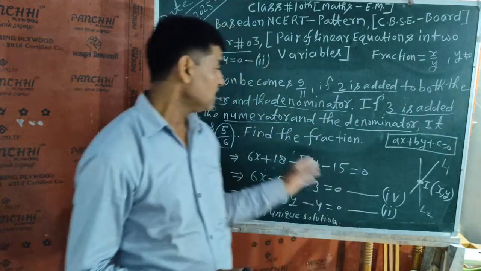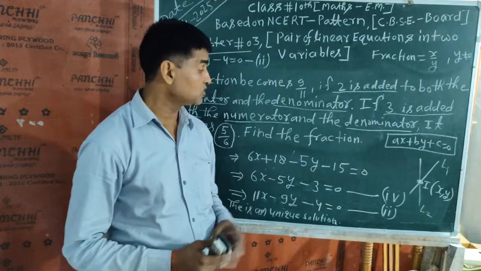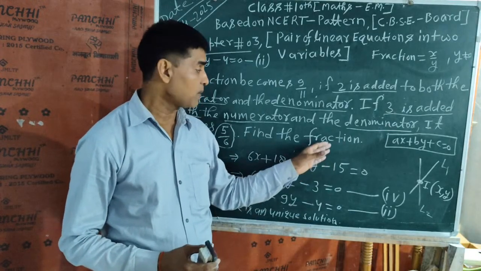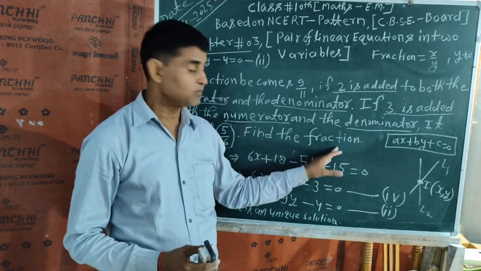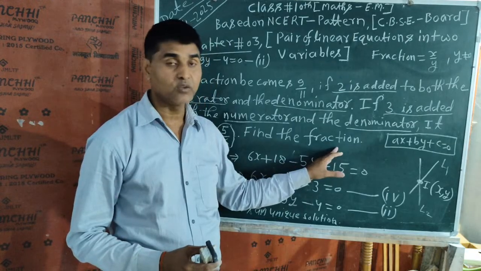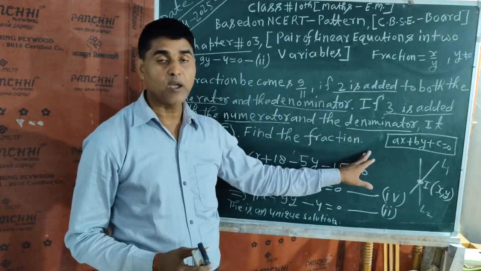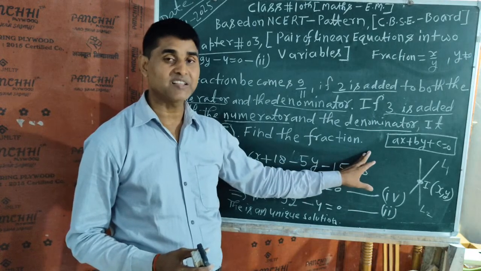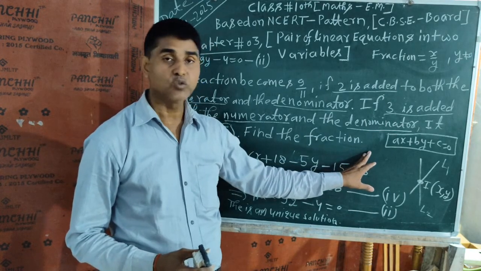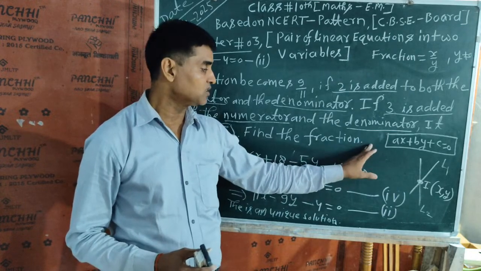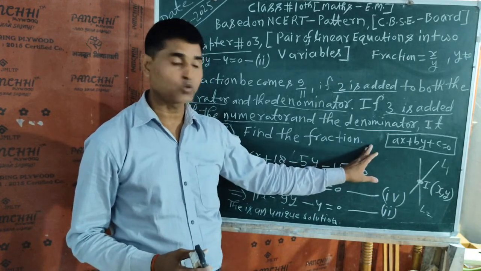If the question mentions that you have to use the substitution method, or the elimination method for finding the fraction value, then you have to use that method. If the method is not given in the question, you are independent to use any one method from the two.